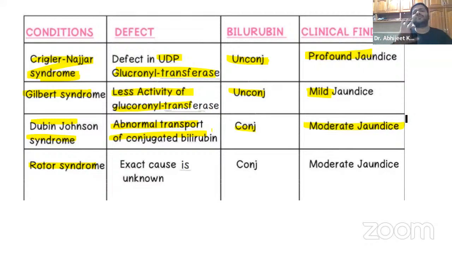Even in Rotor syndrome, the exact cause is not known yet, but it is believed that the bilirubin will be conjugated, and the jaundice is moderate. So for these disorders, you can just remember the enzyme deficient. Guys, they will not ask much about these disorders, but at least the defective enzyme you should know. They can ask in practicals as well.